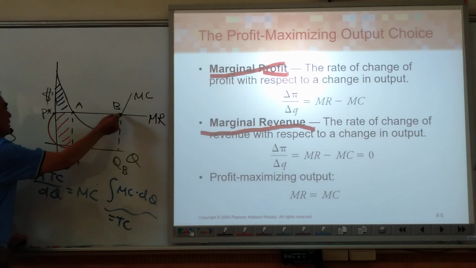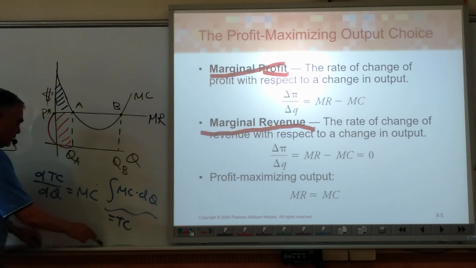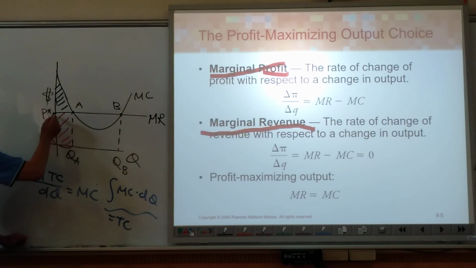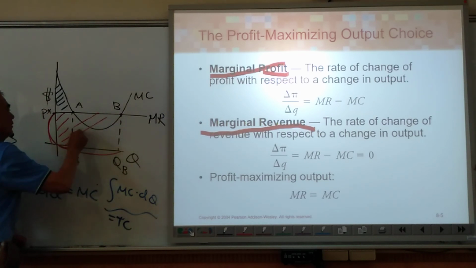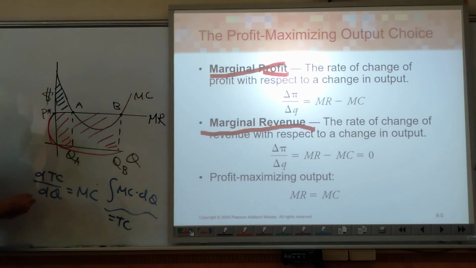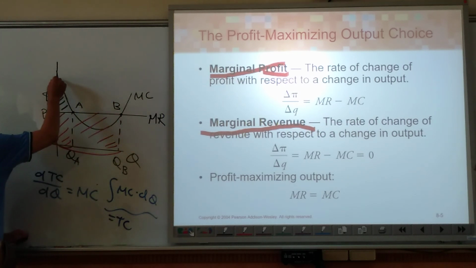And what about here? Let's get to the total revenue first. Here is P, right? And here is Q. So the total revenue is here. What about the total cost? The total cost is the area under MC.